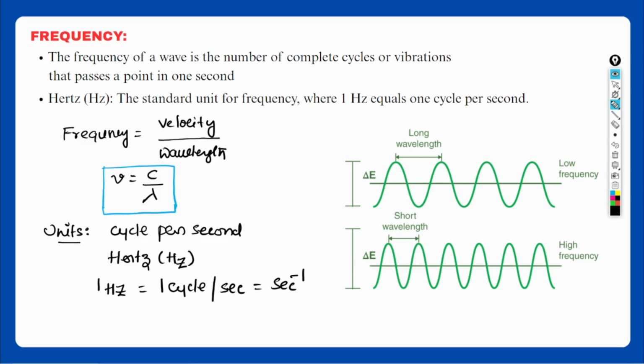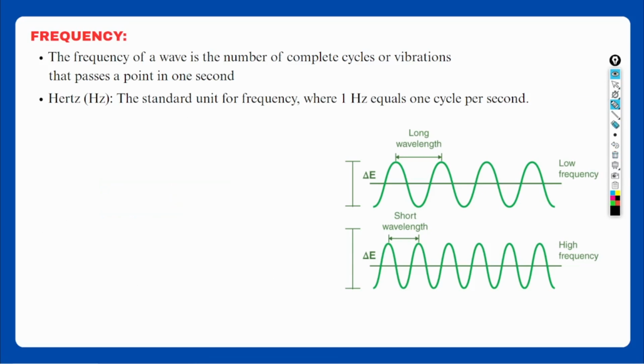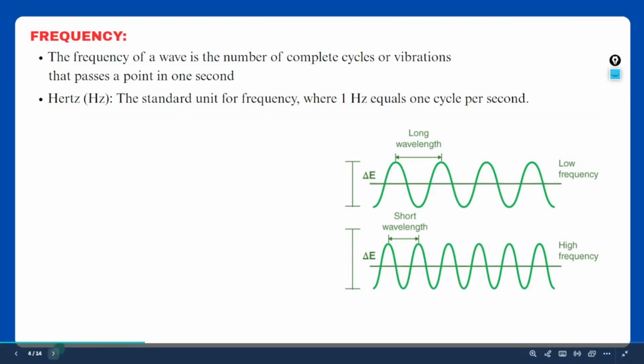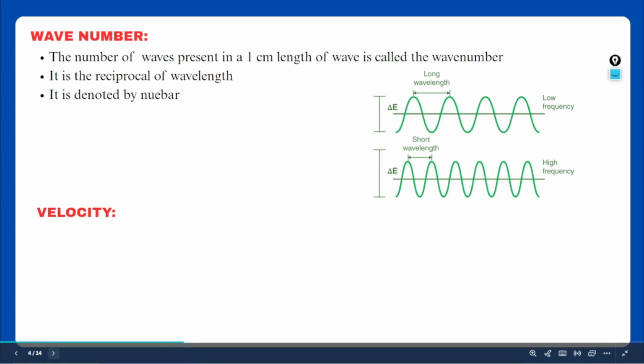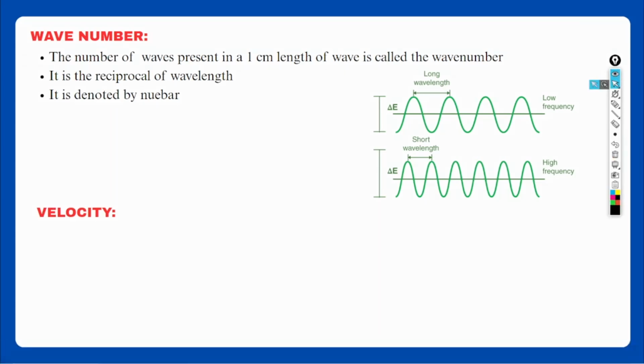Clear? Now coming to the next property, that is wave number. The next property is wave number. Simple definition: wave number is the reciprocal of wavelength.